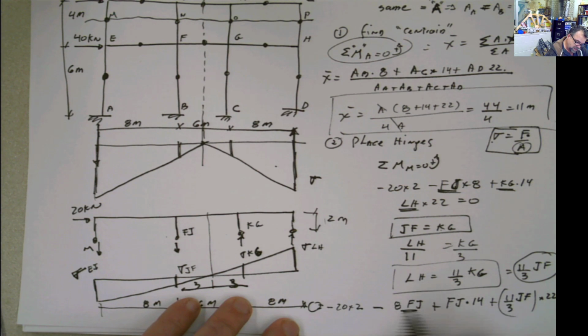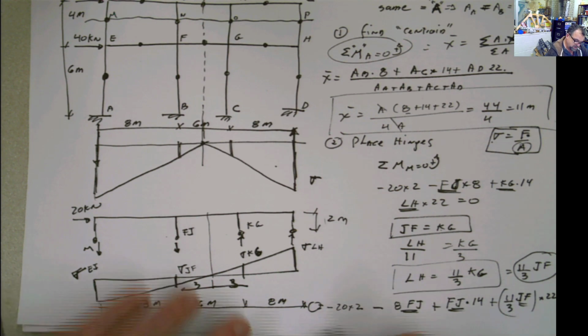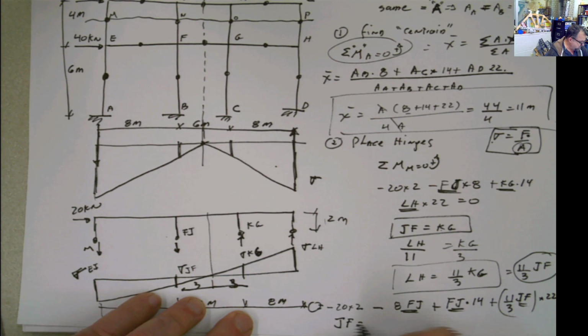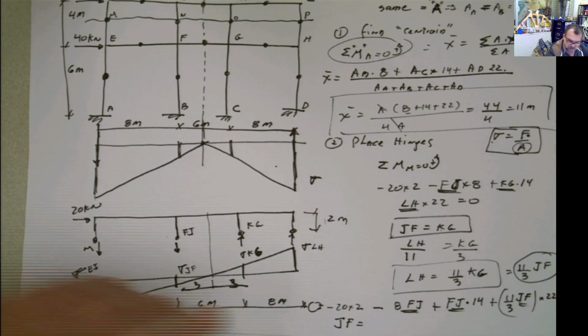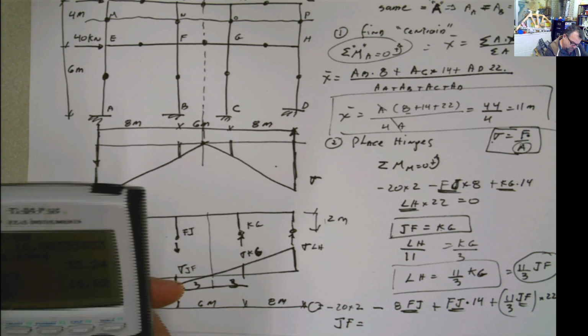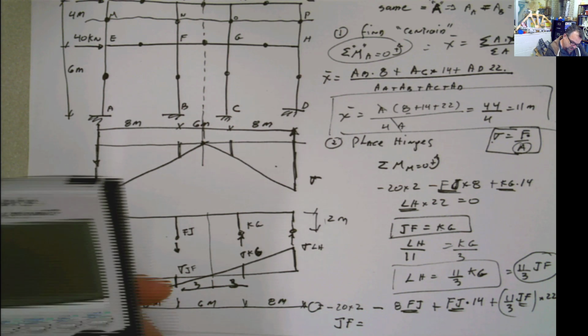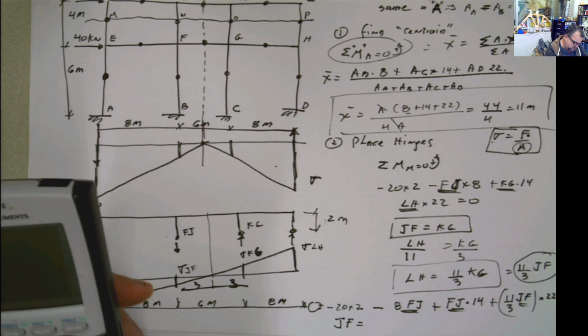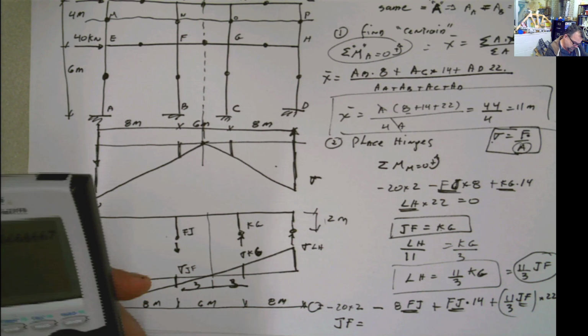And from here I can calculate JF. So JF is going to be equal to, let me see, calculator. 11 times 22 divided by 3, 14.